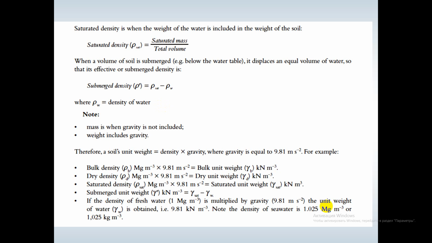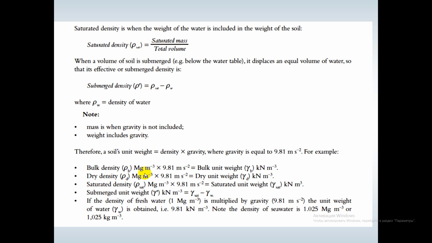Therefore, a soil's unit weight equals density multiplied by gravity, where gravity is equal to 9.81 meters per second squared. For example, bulk density multiplied by gravity equals bulk unit weight.